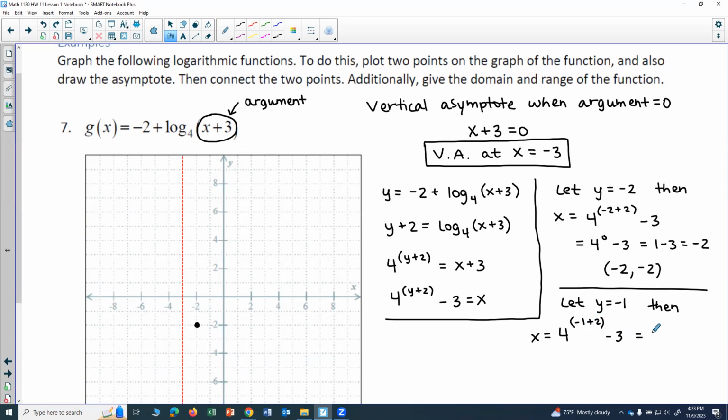So 4 to the first power is 4, minus 3 would give me a 1. So when x is 1, remember this is my x value, y is -1. So I'll have (1, -1).